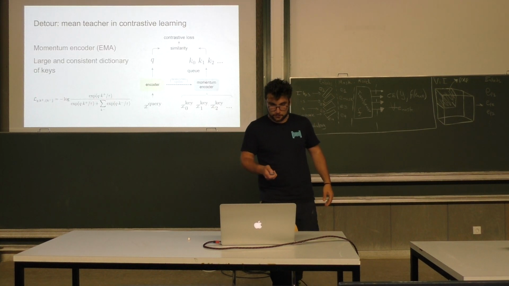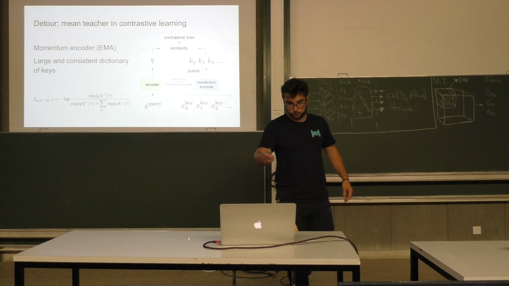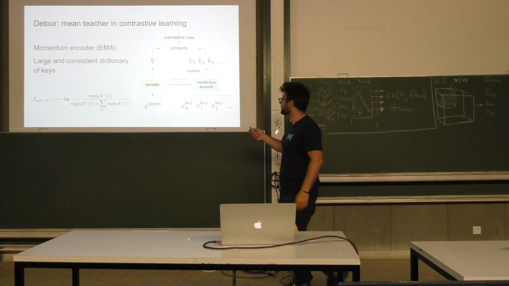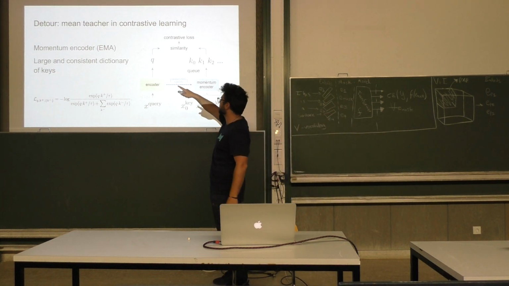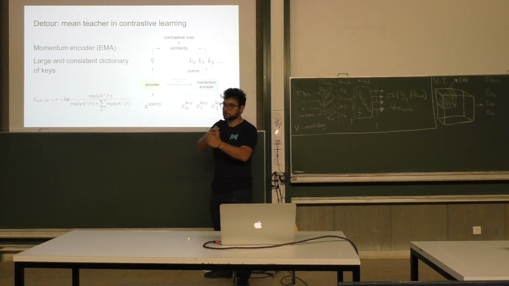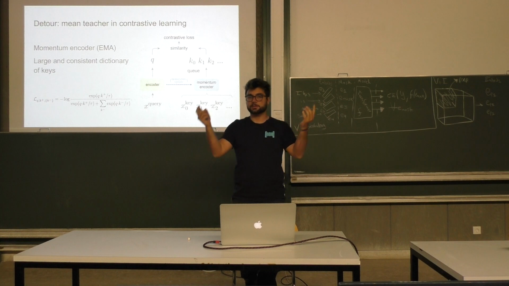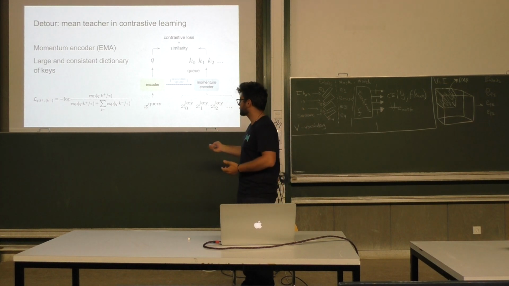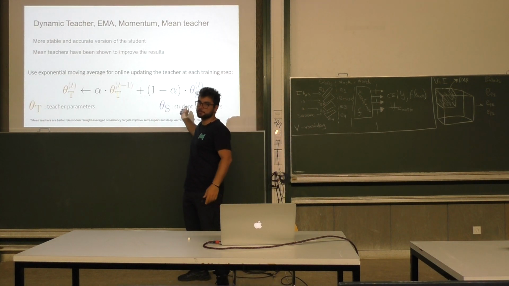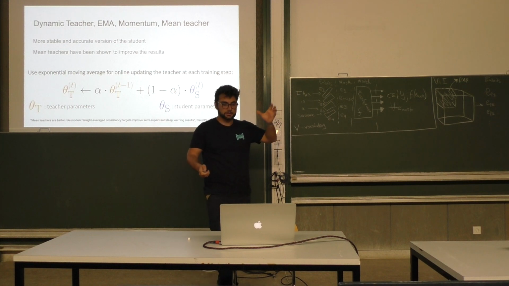Okay, I covered this one. And we also already saw that in the case of the momentum encoder, MoCo. So exponential moving average, momentum encoder, momentum update, everything is the same. It's just the previous equation, the exponential moving average over the parameters. People just call it by different names.